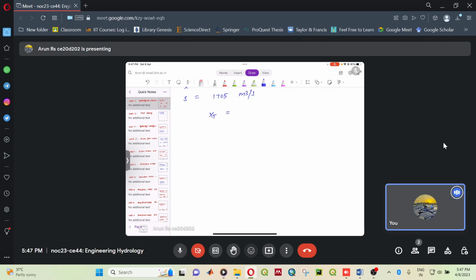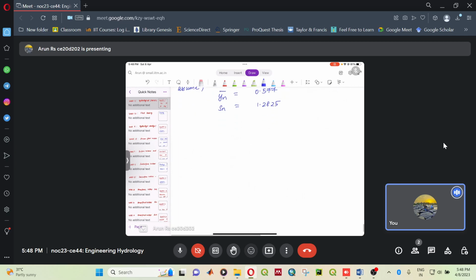So we can write xt as x bar plus kt into s, and here kt is equal to yt minus yn bar divided by Sn, but for an infinite sample size we can assume yn bar as 0.577 and Sn as 1.2825.